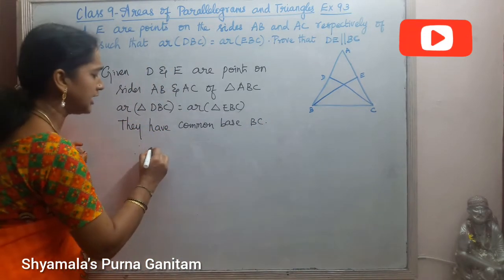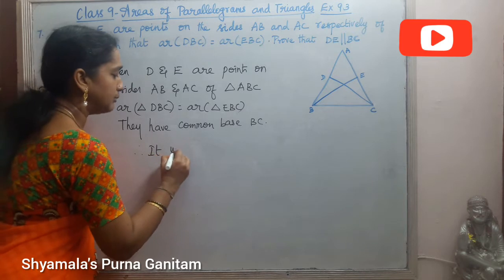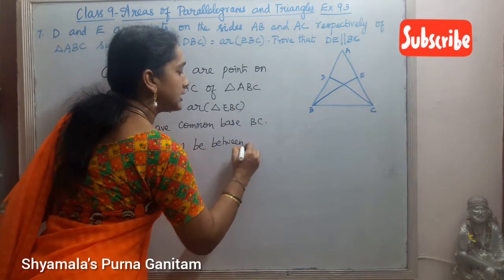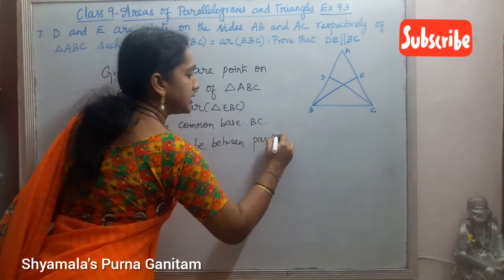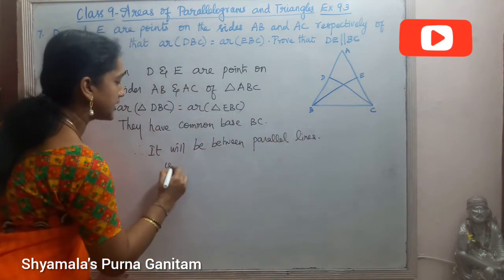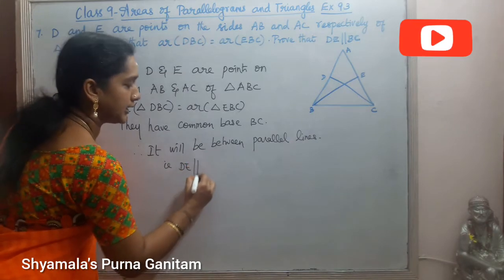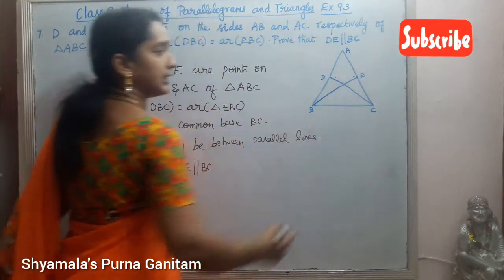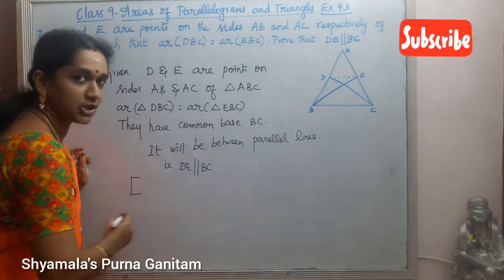therefore, they will be between parallel lines. That is, DE will be parallel to BC. So on what condition?